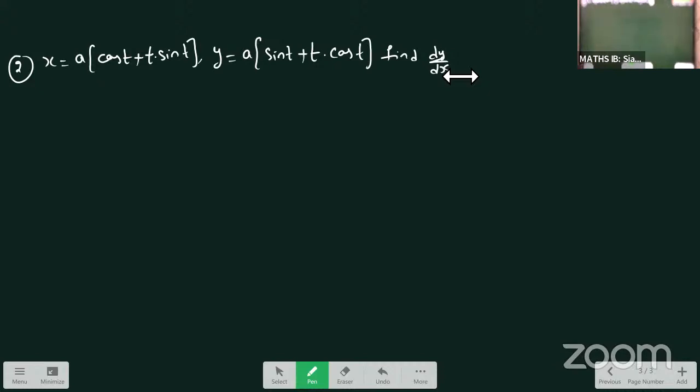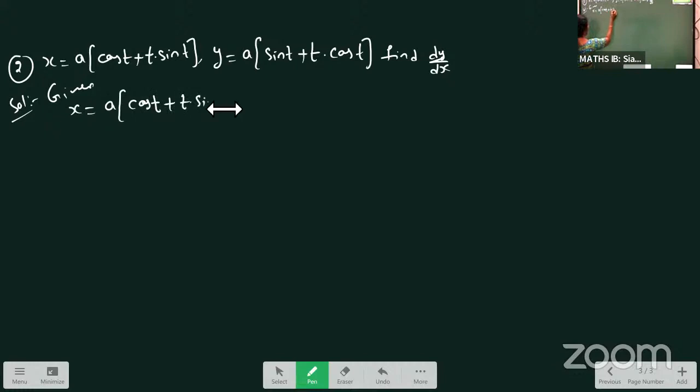Same process like the previous question. First take x, simplify. Then take y, simplify, and substitute in dy by dx. Solution: first take x is equal to a into cos t plus t into sin t.